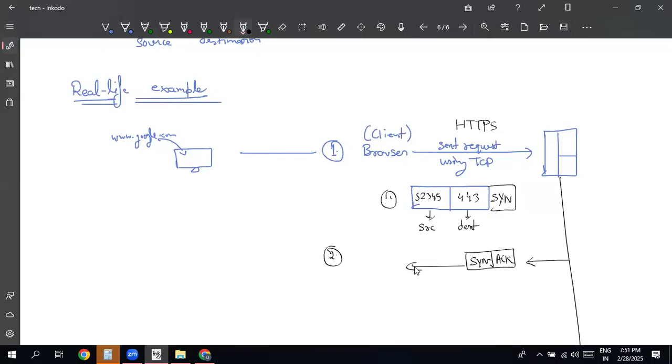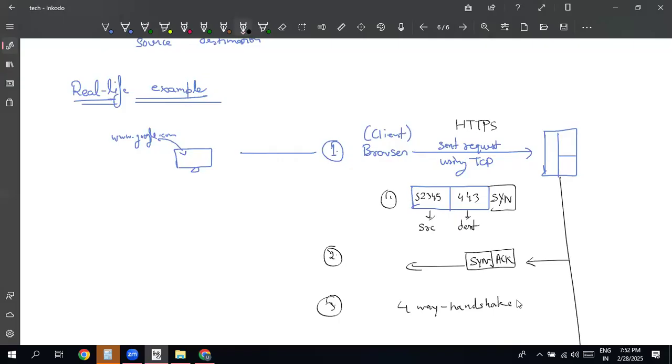Once this is achieved, data transfer will begin and every packet will be received correctly. Once the web page has been loaded, the connection will be closed, and to terminate the connection, the four-way handshake will happen between the server and the client. So that is how, while accessing a web server with the help of your web browser, TCP comes into action.